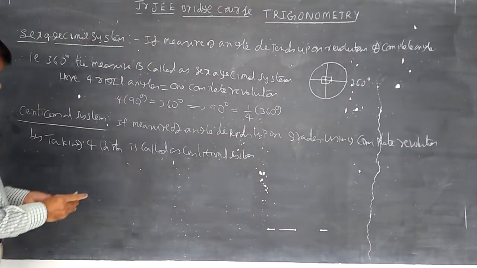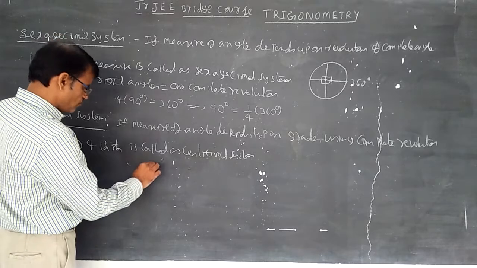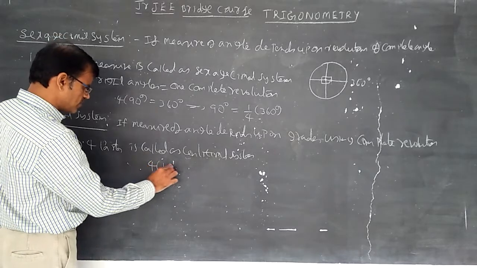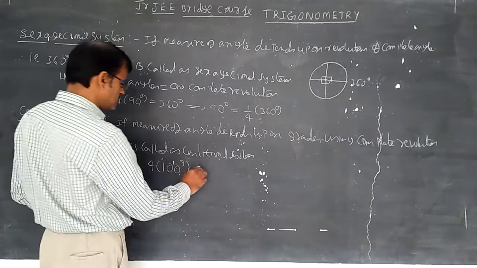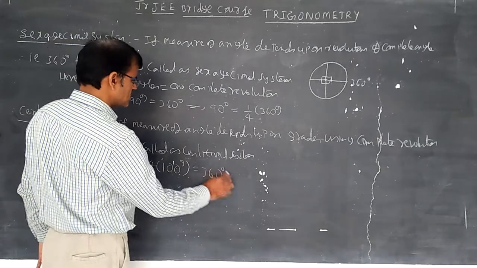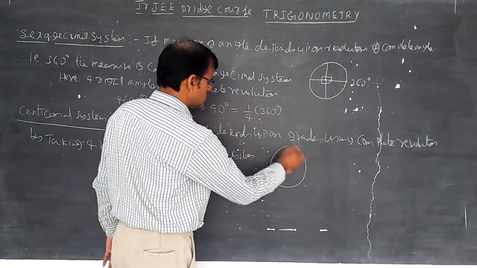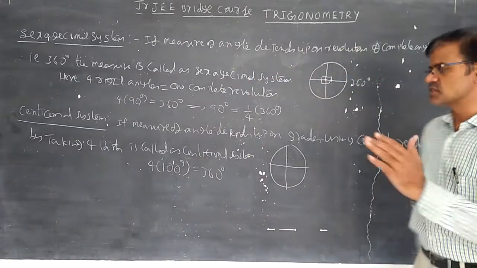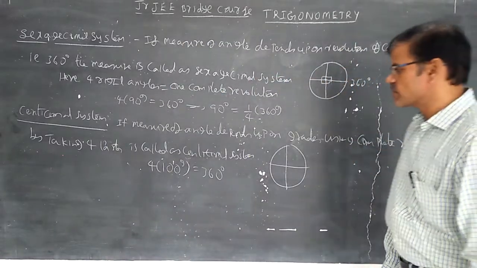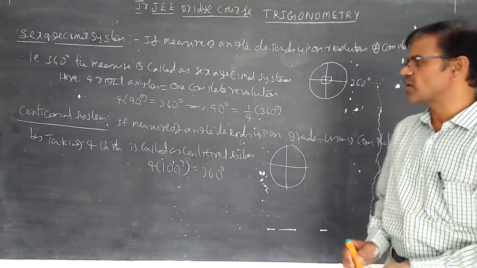So here 4 into 100 is the notation, g means grade, is equal to 360 degrees. In a similar way, this complete revolution is 360 degrees, but divided as grades. So 4 parts, 400, we have taken.